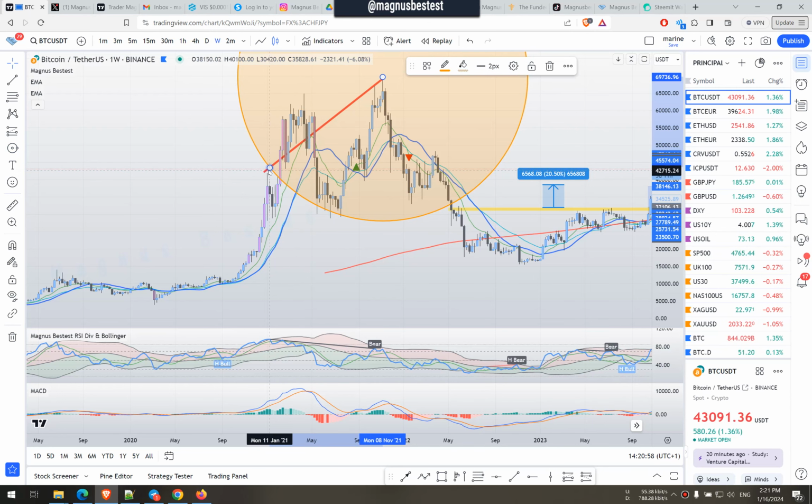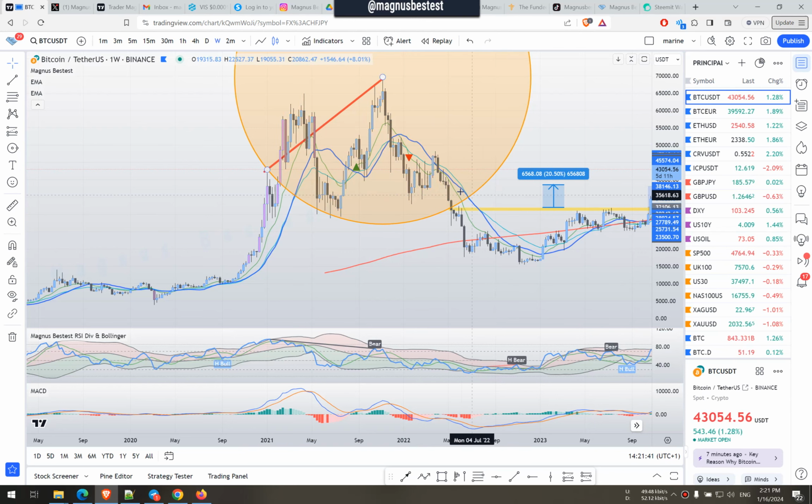And you should expect the price to come basically to this point, the radius of the circle, as a minimum. Of course, this is not 100% accuracy. Sometimes it's less, and sometimes it's more. In this case, it's more. It went even further down. But this is basically my estimation of where I could start taking the profits.